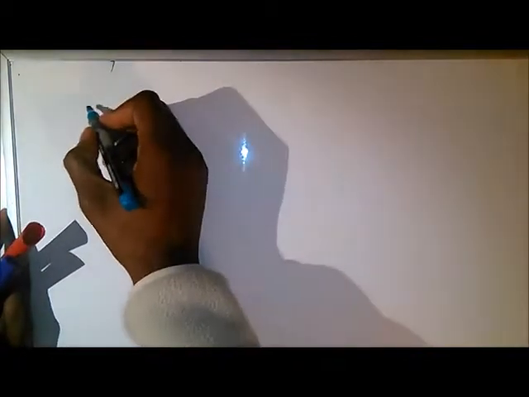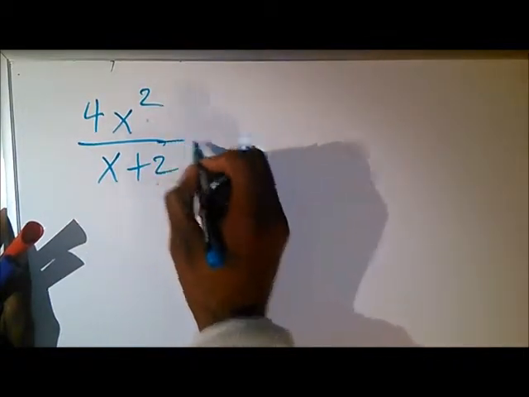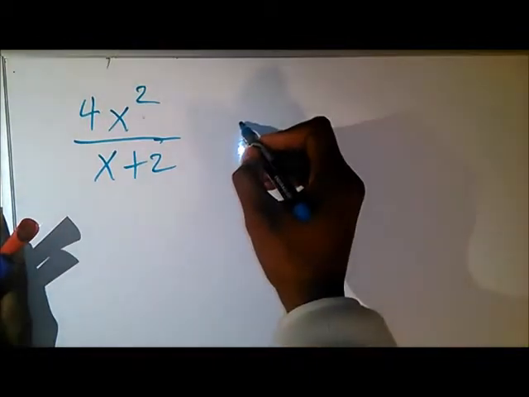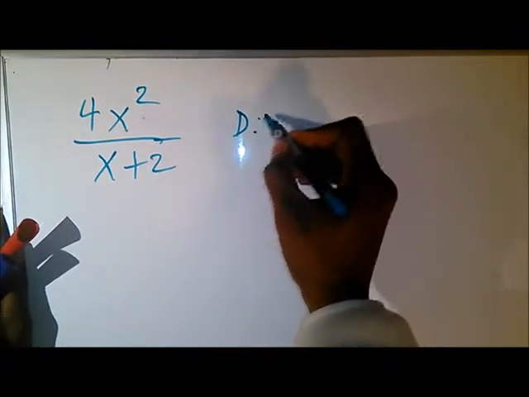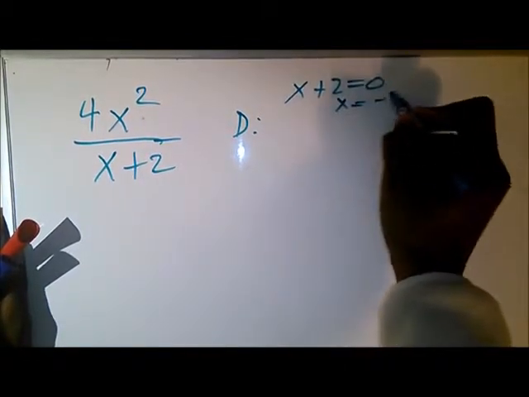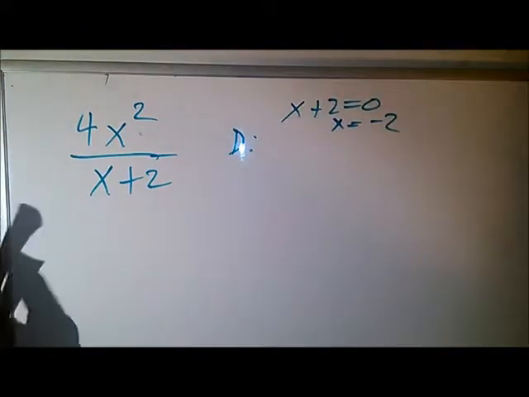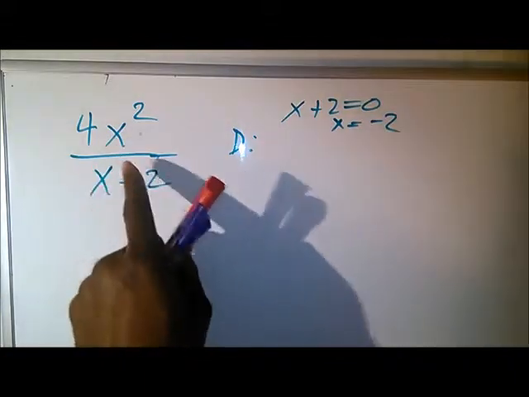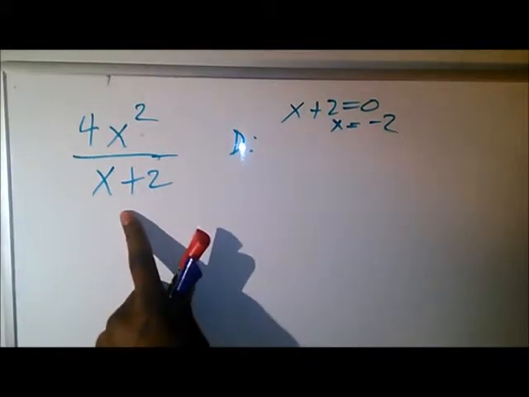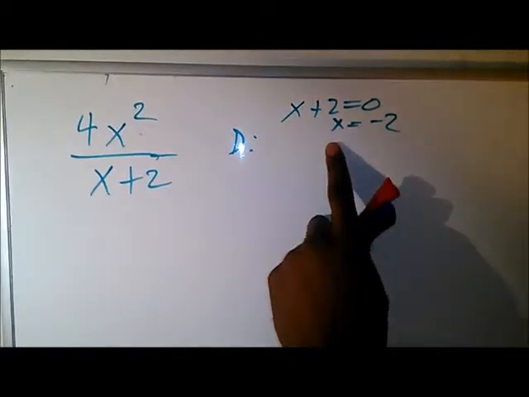Okay, let's do an example so that later we'll put it together. 4x squared over x plus 2. Well, what is our domain? As we're doing our domain, we take x plus 2 and set it equal to 0. x will be equal to -2. And we see that there are no common factors to be divided out. So our leftover in the denominator is x plus 2, giving x equals -2.